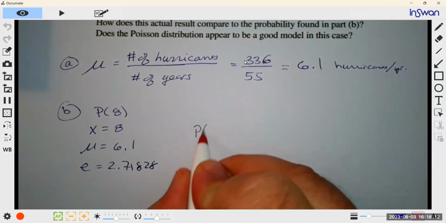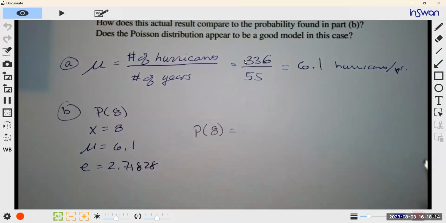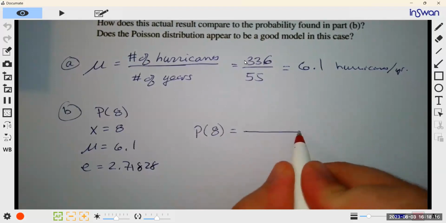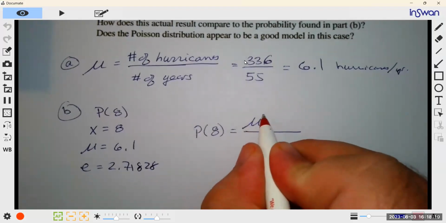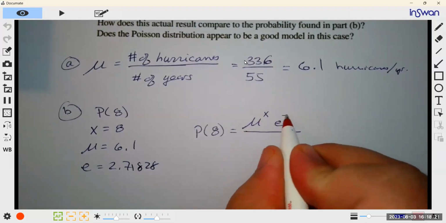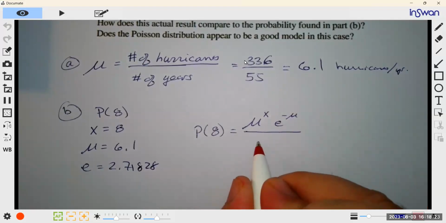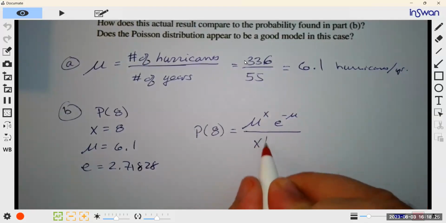So let's calculate P of 8. The formula was mu to the power x, times e to the power negative mu, over x factorial.